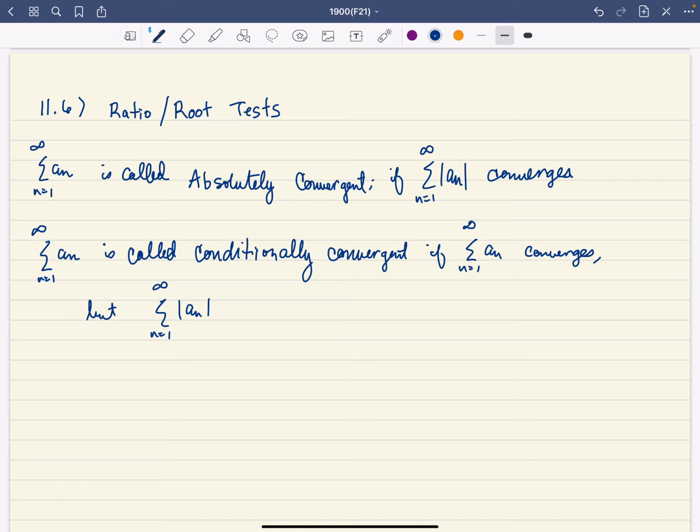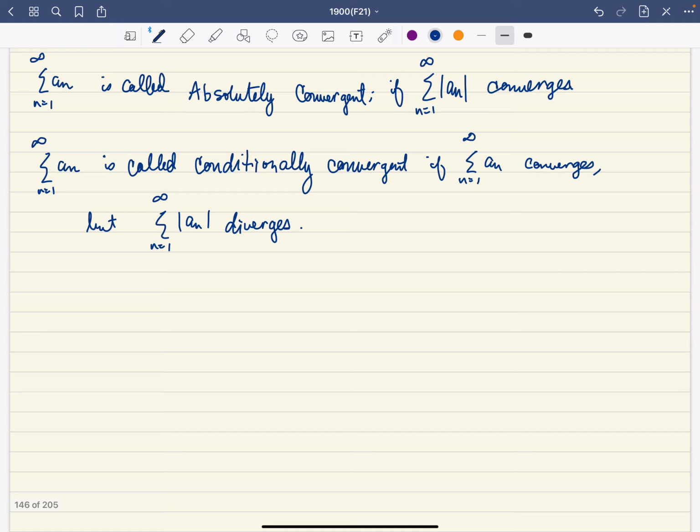So if the sum without absolute values converges, but the sum with the absolute values diverges, we call that conditional convergence. And I think it's worth talking about a few examples here.